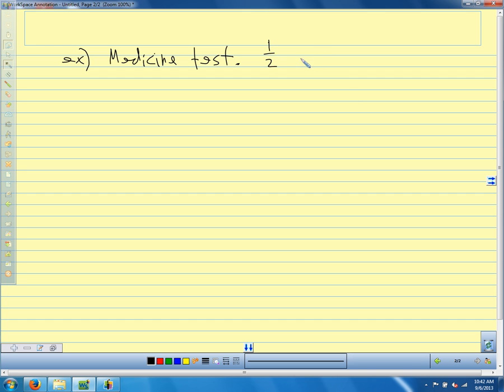Half the people got the medicine, and half got a placebo.